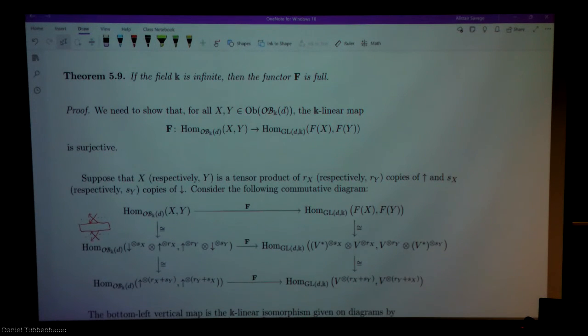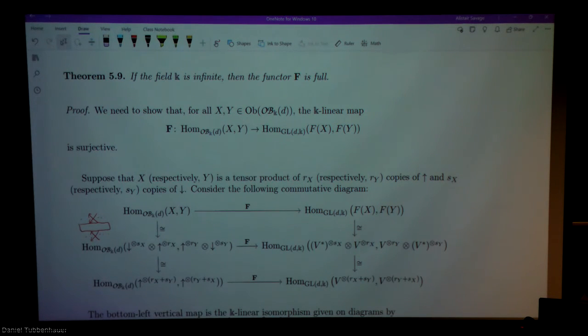Okay, but here's the key result. So we have this functor, but that functor isn't that useful unless it captures all of the information in the target category. So what are the objects that are in the image of this functor? They're all tensor powers of the tensor products of the natural module and its dual. And then we have morphisms, homomorphisms between those tensor products.